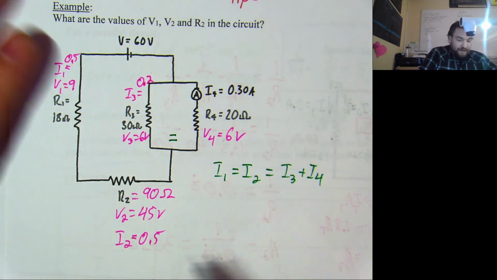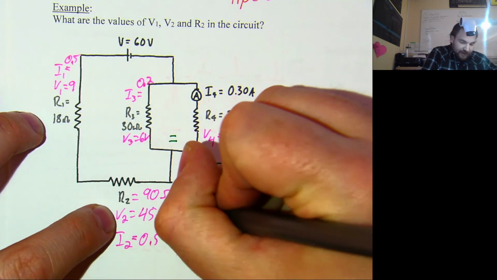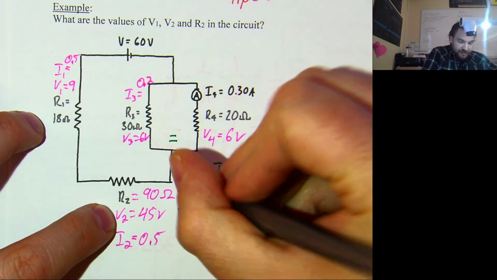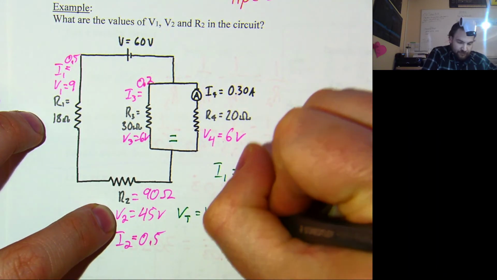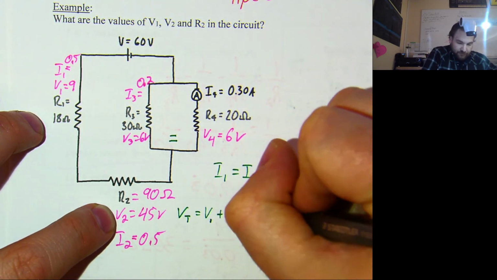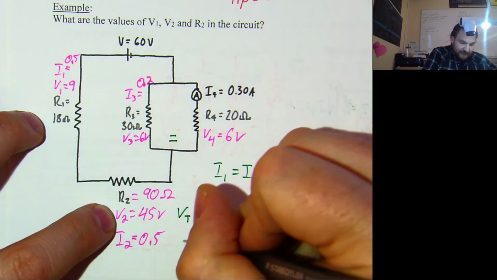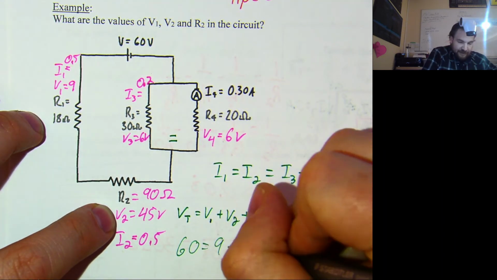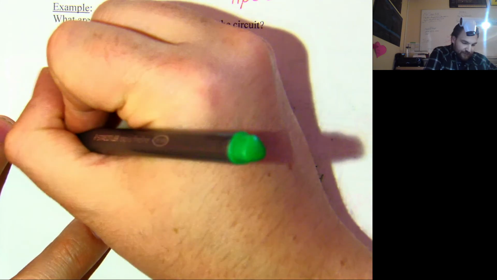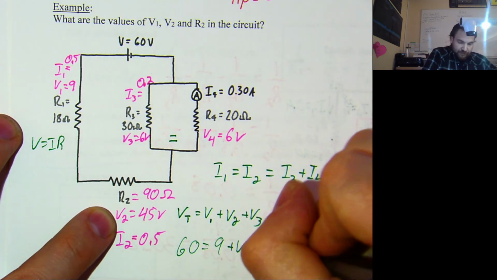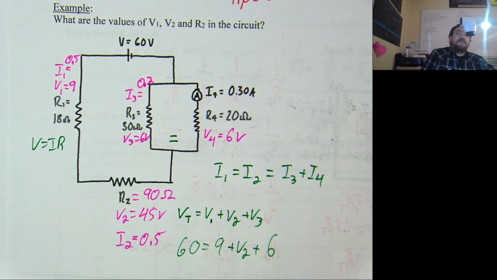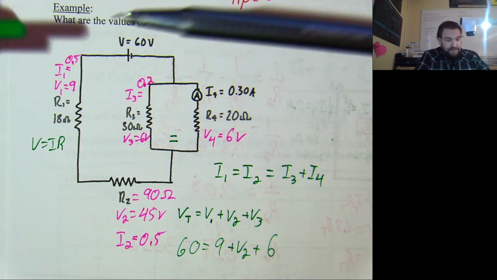And for V2, we got this by saying that my total voltage is the sum of all of my other voltages. So that was 60. We found that to be 9 because V equals I times R, plus V2 plus 6. And that was that.